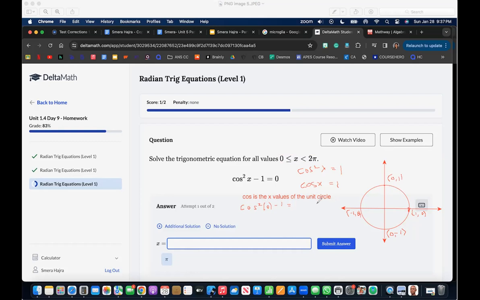Taking a step back, taking a pause, because I realized some of these things I'm jumping the gun on. When you take the cosine of 0, we're talking about 0 degrees. That is this right here.